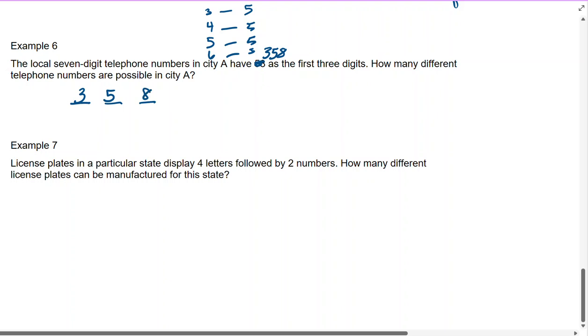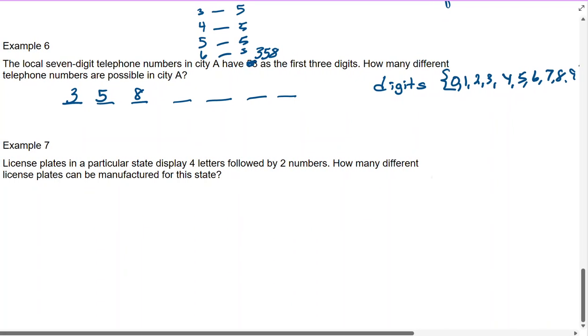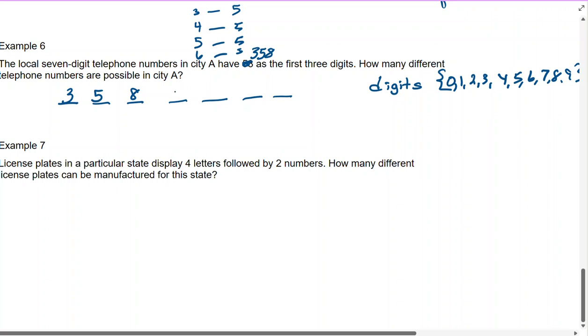So each one of these is 10 possibilities. So that's a fundamental counting principle. So it is 10 times 10 times 10 times 10. So we are going to have 10,000 unique telephone numbers.